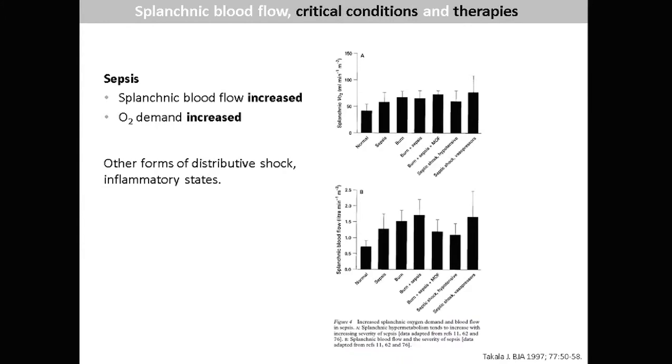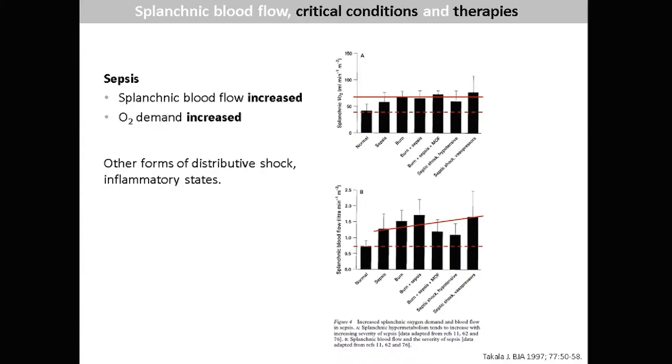With respect to critical conditions, it is pretty well known that sepsis and other forms of distributive shock are associated with increased splanchnic blood flow and also with increased splanchnic oxygen demand.